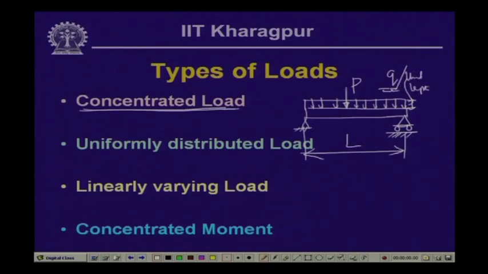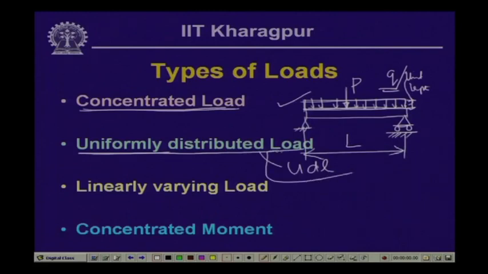Now, this load is called as the uniformly distributed load, as it is distributed over the entire span having uniform intensity. So, this kind of loading system we call as uniformly distributed load, or in short many times it is said as UDL.